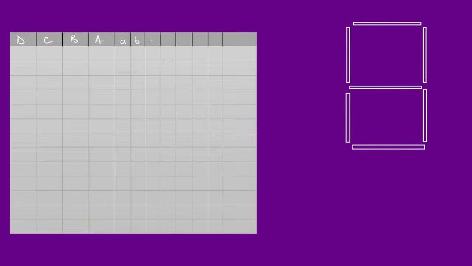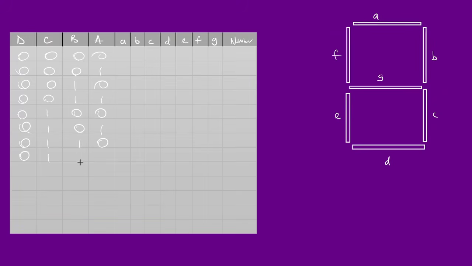So we label the outputs A, B, C, D, E, F, and the final one is going to be G. And we have our decimal number column. Remember, we fill the inputs as we normally do: 0000, 0001, 0010, 0011, 0100, 0101, 0110, 0111, and so on.